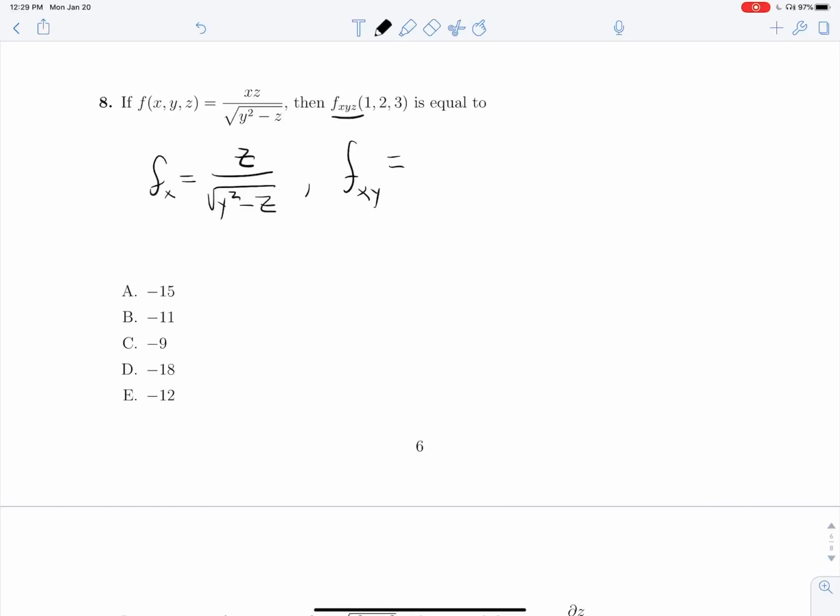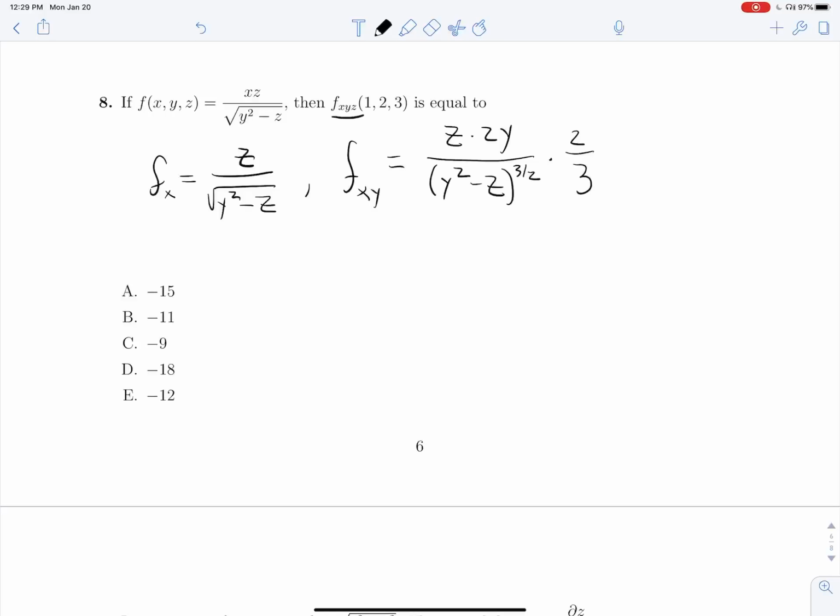f_xy is going to be, let's see, z times 2y over y squared minus z to the 3 halves, times negative 2/3.